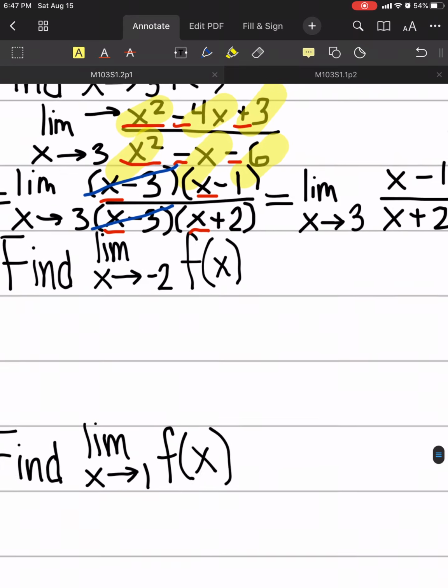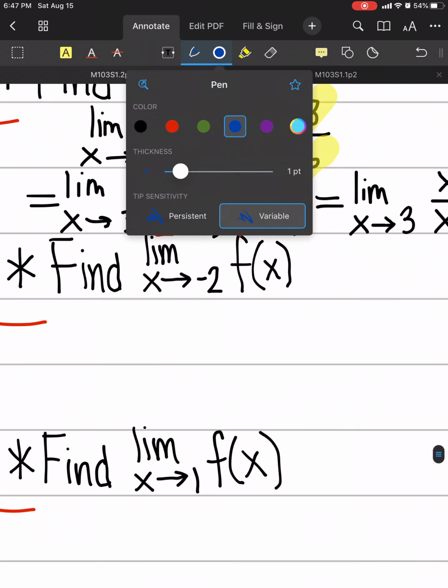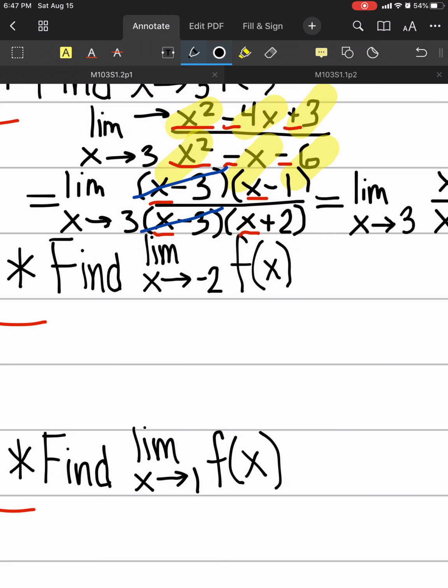Okay, so this second one, we will notice that we don't have to go through the plugging in anymore. Well, I guess I will plug in here.